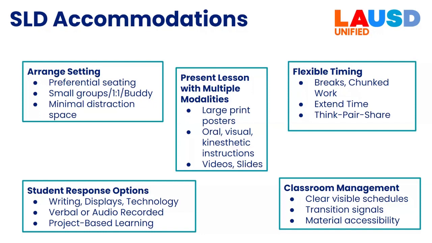Clear classroom organization, culture, and structure, such as knowing where materials are located, understanding the purpose of wall posters, seeing clear visible schedules, transition signals like musical cues, all help students feel safe to learn in this type of environment.